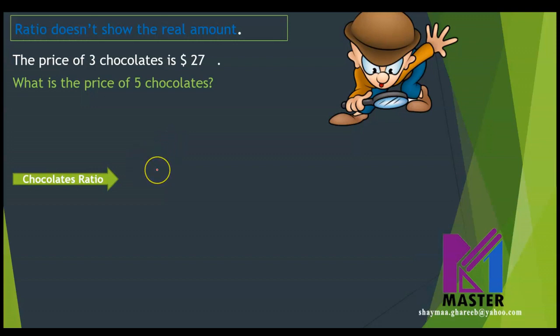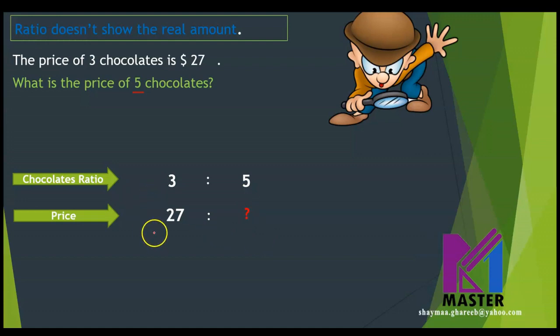First, I have the chocolates: 3 chocolates is for $27, and I need to calculate the price of 5 chocolates. So the chocolates ratio is 3 to 5. Then the price of the 3 chocolates is $27, and I need to find the price of 5 chocolates.